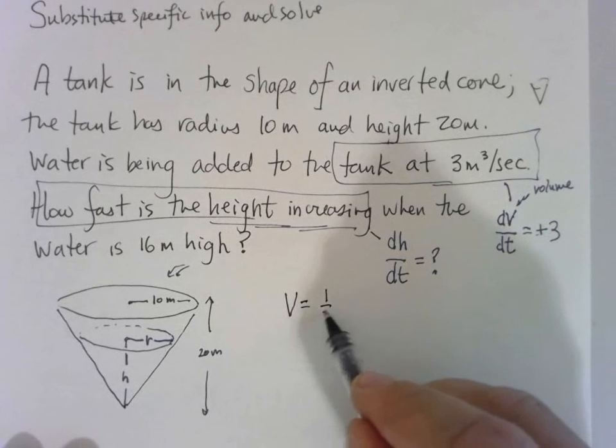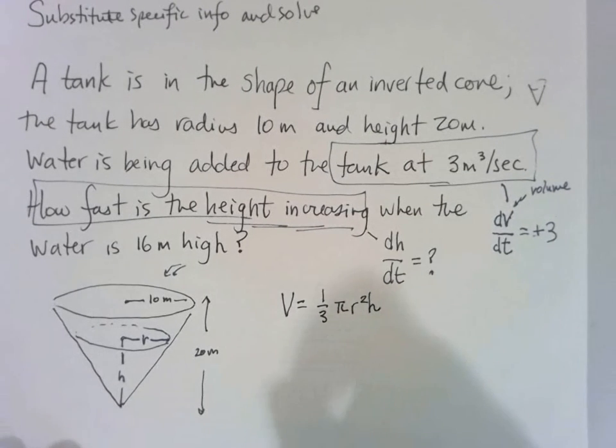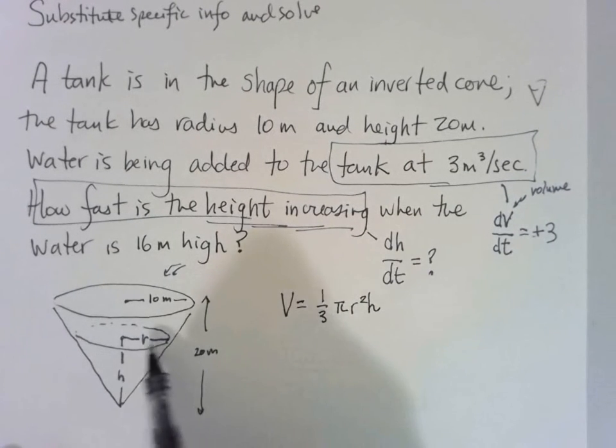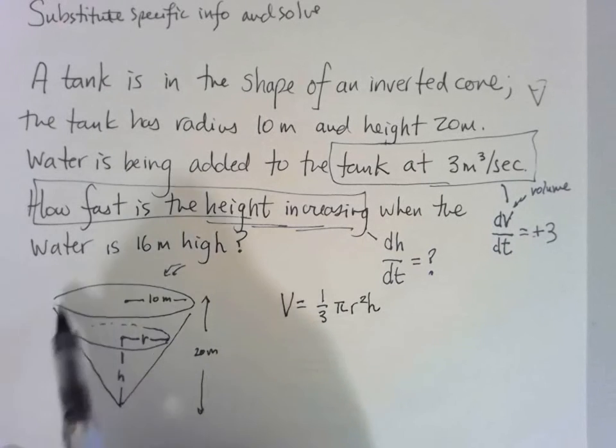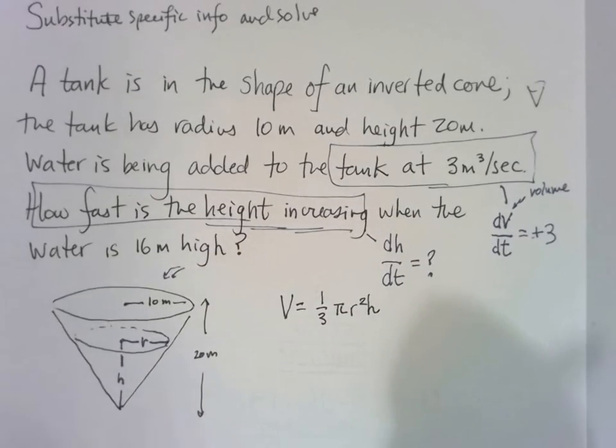The volume of the cone is 1/3 pi r squared h. So there's my equation. This is H and R. It's the volume of this cone we're computing. I don't care about the volume of the entire tank. It's the volume of water in the tank that I care about.